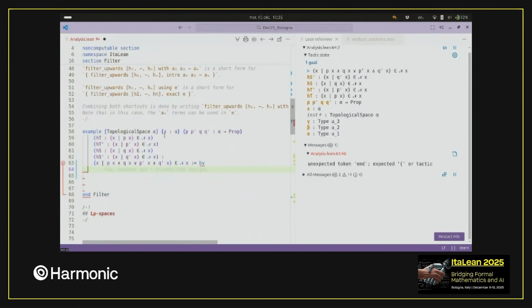So suppose that we are in the following setup where we have alpha, which is a topological space, and we have 4 properties on alpha, P, P prime, Q, and Q prime. You can think of them as being inequalities. Perhaps alpha can be R2, and these can be inequalities, like x is less or equal than y, x squared is less or equal than the exponential of y, and this might be something like x is equal to 7.